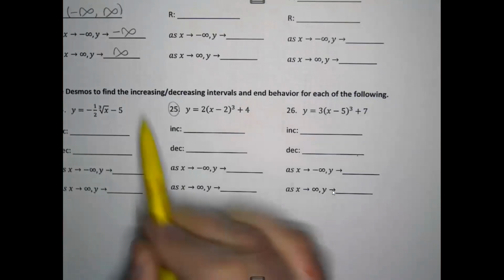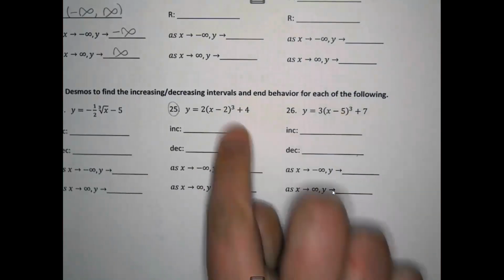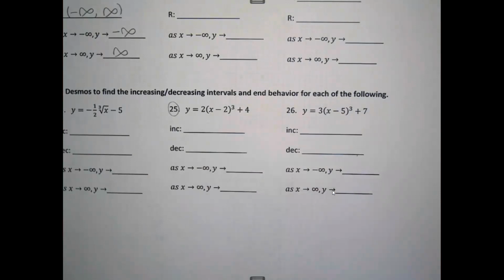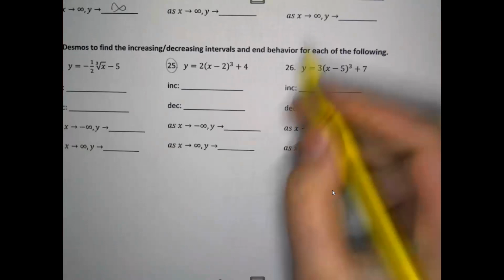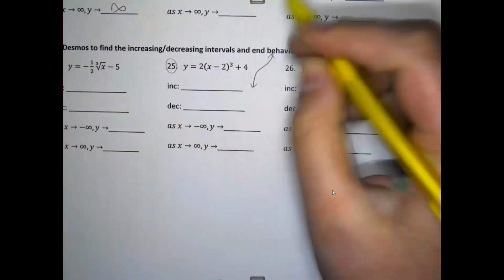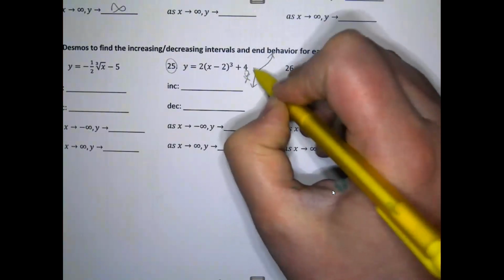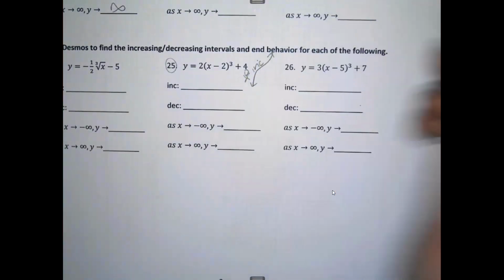Okay, here's the next one. Find the increasing and decreasing intervals. Ooh, and end behavior. That's the same picture. Well, okay, I guess I'll do it. So if I was to put a stick figure right here, he would be increasing, something pretty steep.